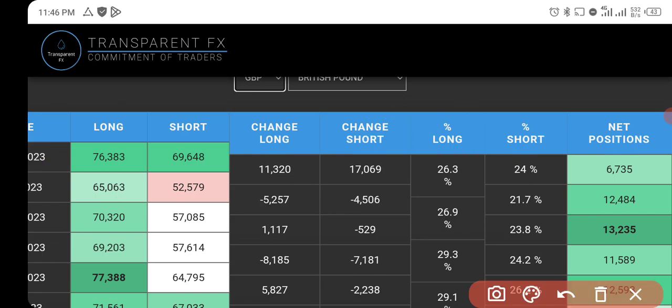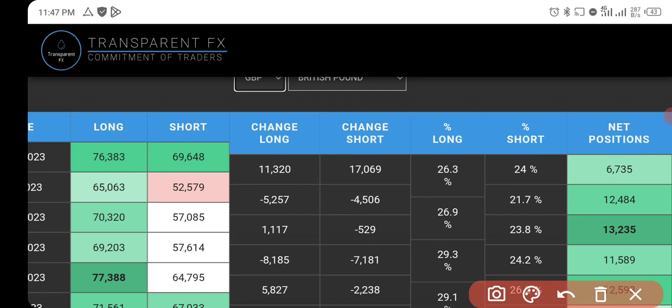GBP here we have 76,000 long, 69,000 short, and from here we have 77, 70, 69, 70, 65, 65. This simply means that longs are being closed and shorts are being added. So you can see with the last report, they added 17,000 sellers in the market and 11,000 buyers in the market. So making the market short-term weak. Short-term weak, not long-term weak.